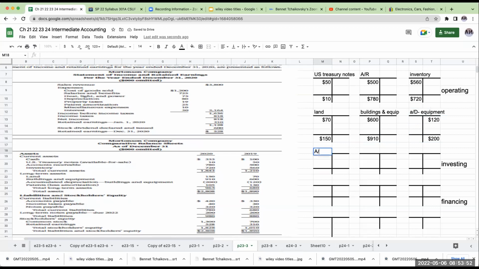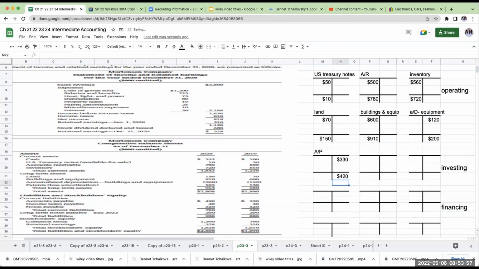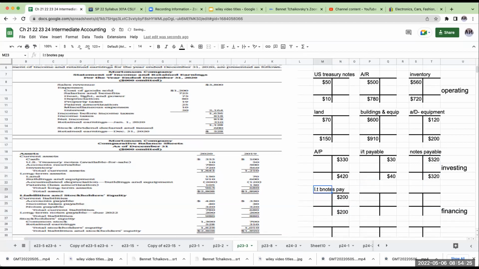Over here, current liabilities, my accounts payable started out at 330, ended up with 420. My income taxes payable, opening is 30, ending is 40. My notes payable, opening and ending are 320 and 320. My long-term notes payable, opening and ending are 200, 200.